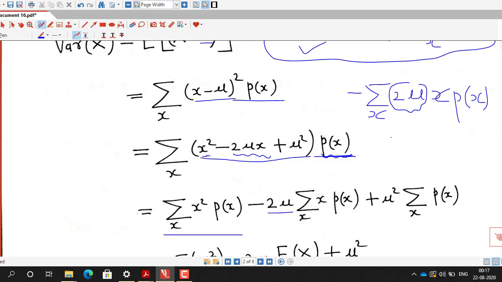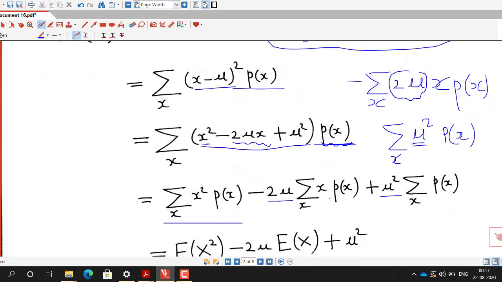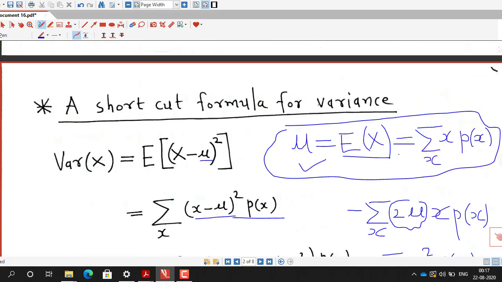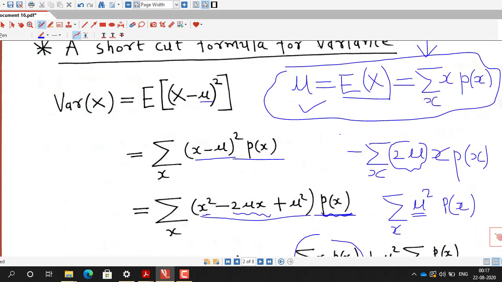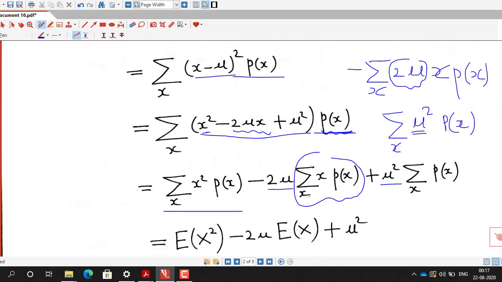Similarly, last summation will be sigma mu square into p(x). So here also mu square is independent of x, so we can take mu square outside and we will have sigma p(x). Now sigma x into p(x) is nothing but expected value of x or mean of x.